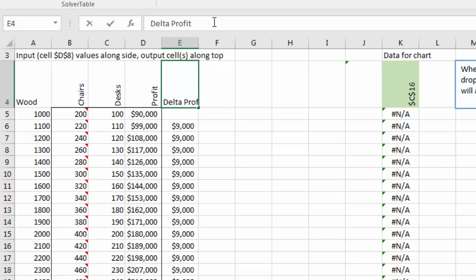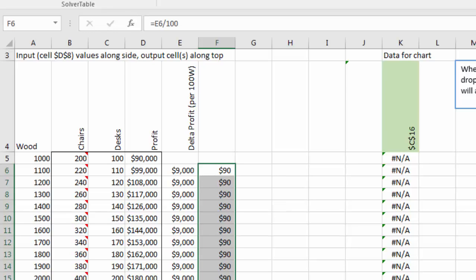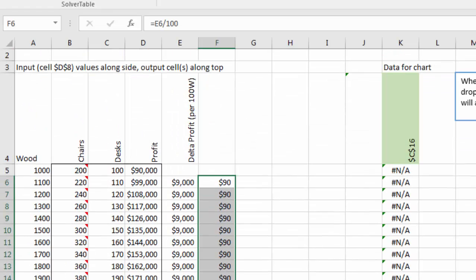This is delta profit per 100 wood. Let's just go ahead and divide that by 100. That tells us we're willing to pay an extra $90 per unit of wood because it adds that much to profit.